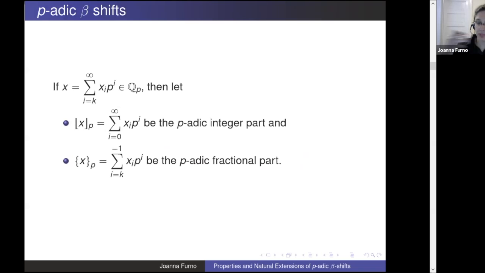And we can split our p-adic numbers into, if we have any negative powers of p, that'll be our fractional part. If we don't, just take that to be an empty sum as 0. And then the non-negative powers are your integer part, in other words, the piece that's in the p-adic integers.